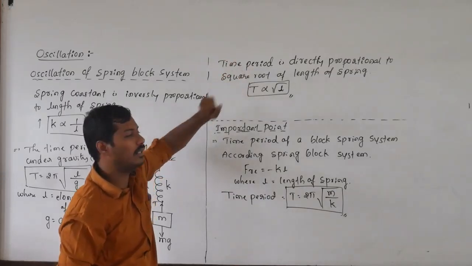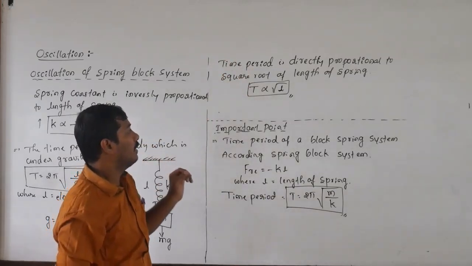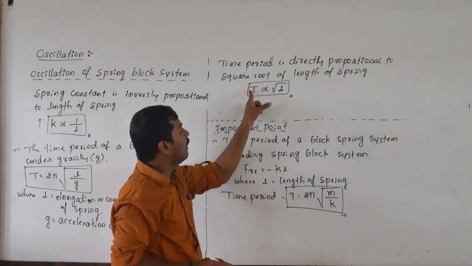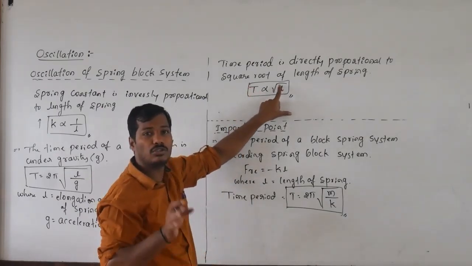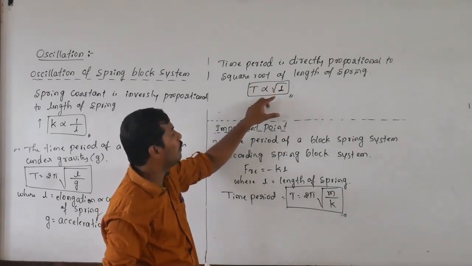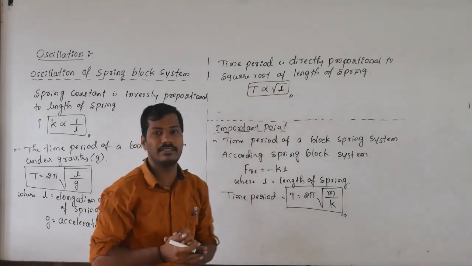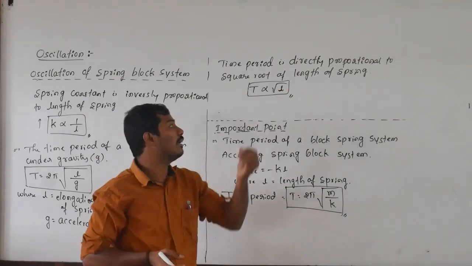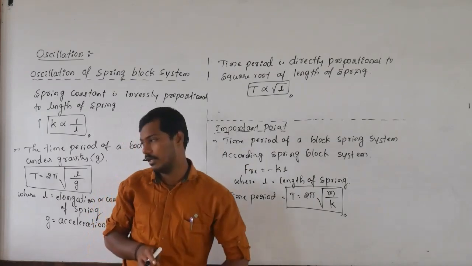Both are linear here. If you draw the graph for time and only length, not the square root of length, then as the length increases slowly, the time period also increases.